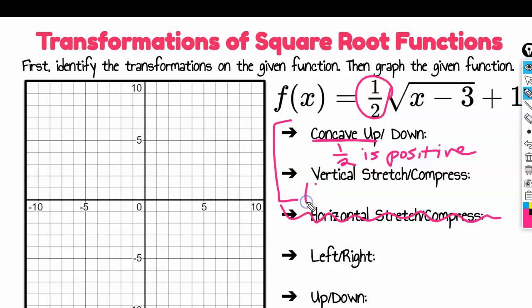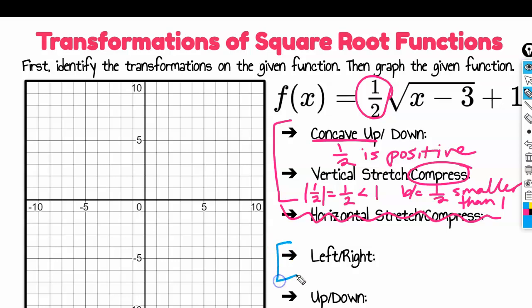Then, if I look at the absolute value of 1/2, that's just 1/2. That is smaller than 1. And so, this is a compression, because 1/2 is smaller than 1. However you want to write that. I just need some sort of explanation. It can be literally a sentence like that. Some sort of explanation that shows me you know where you're getting this information from.